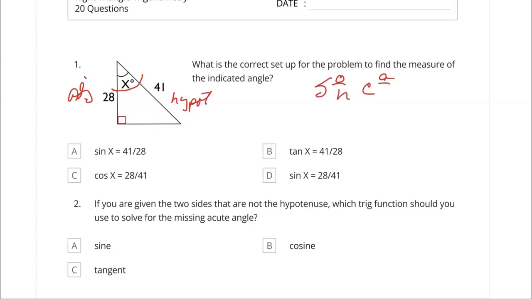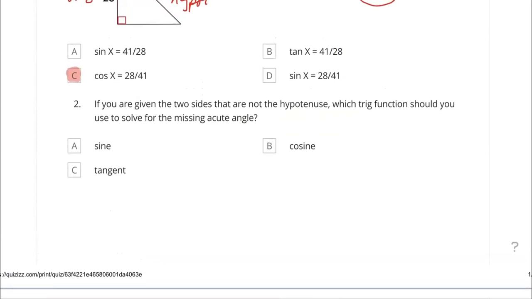SOHCAHTOA reminds us that if we have adjacent over hypotenuse, we can use cosine. So the cosine of the angle is going to be adjacent, which is the 28, over the hypotenuse, which is the 41, and therefore this is the correct answer. So it would be C.